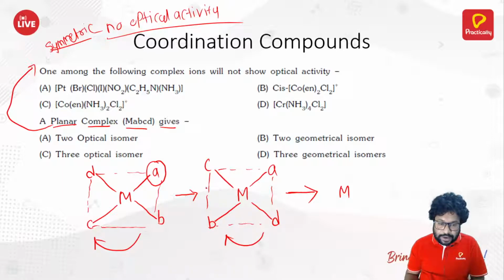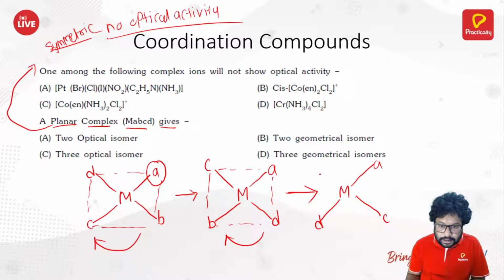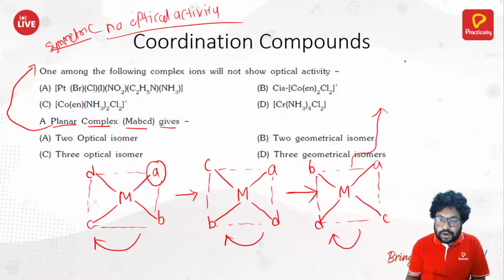D goes to B, B goes to C, C goes to D. So you get A, C, D and B.